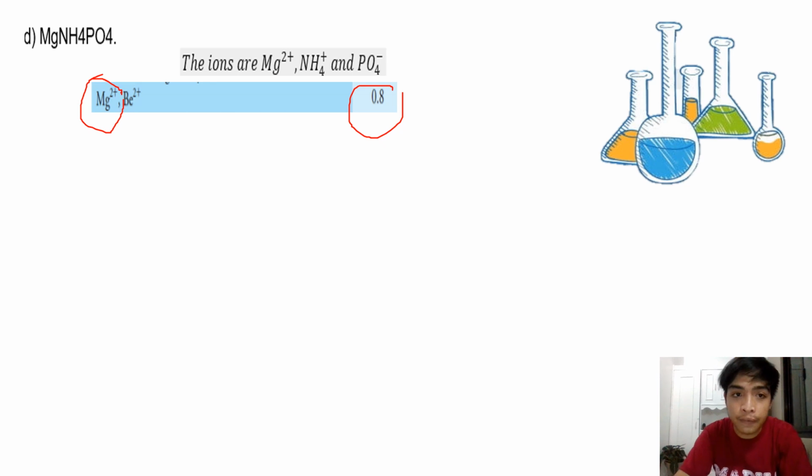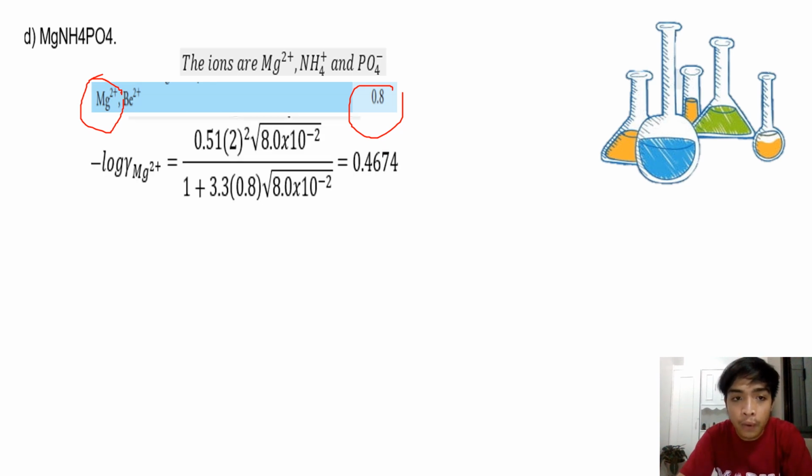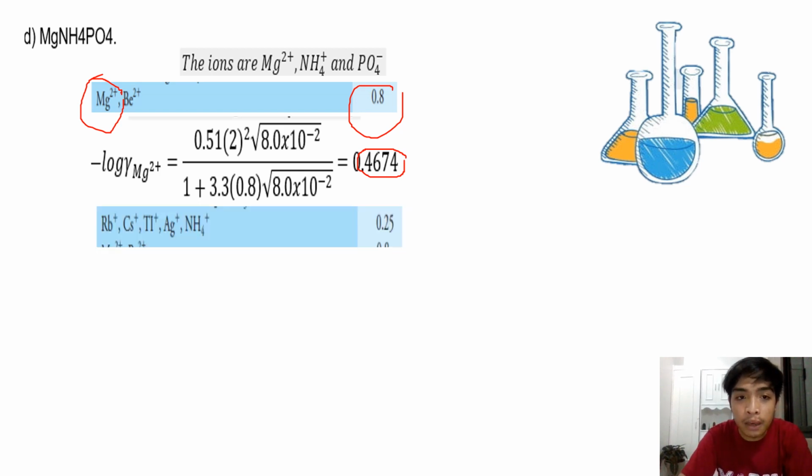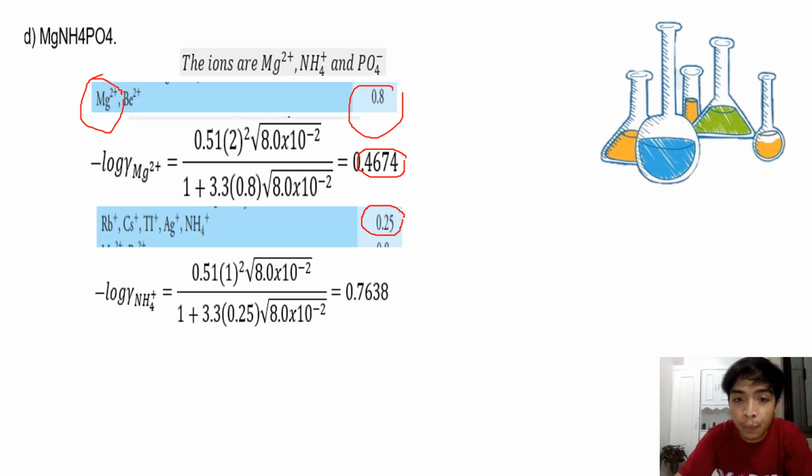Substituting those values to the equation, we'll obtain 0.467 as the activity coefficient of the magnesium ion. And for the ammonium ion, the effective diameter is 0.25 and its charge is positive 1. Substituting it to the equation, we will obtain 0.7638 as the activity coefficient of the ammonium ion.